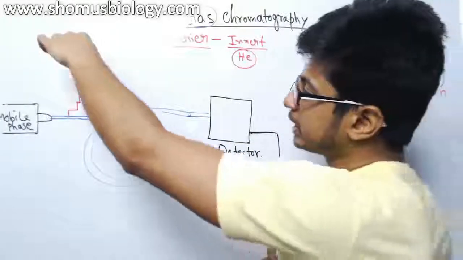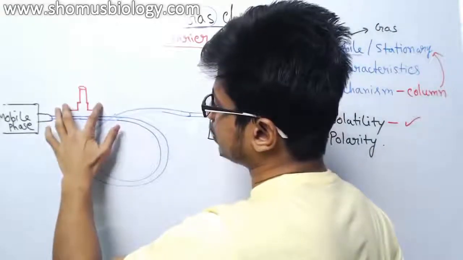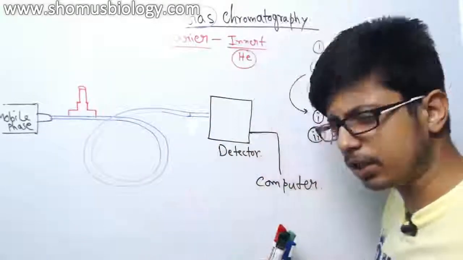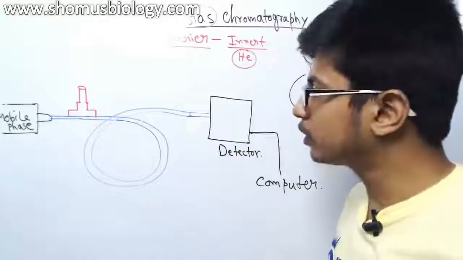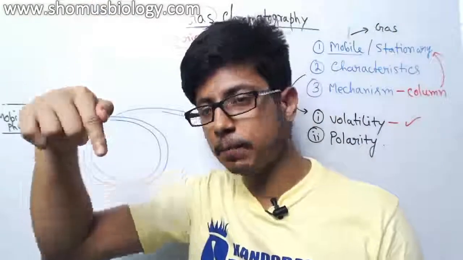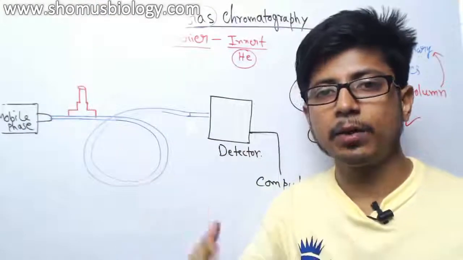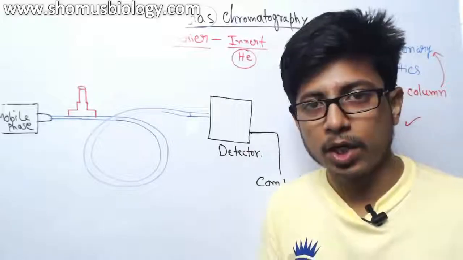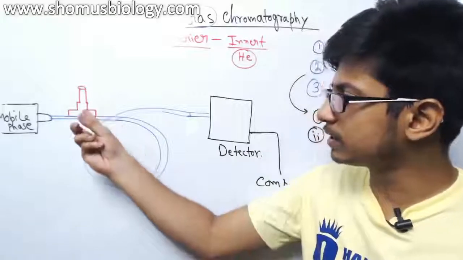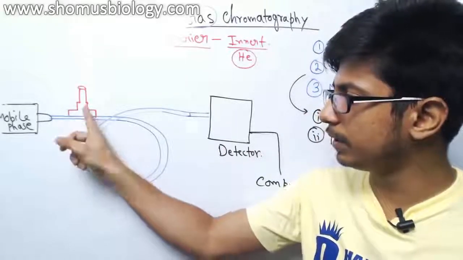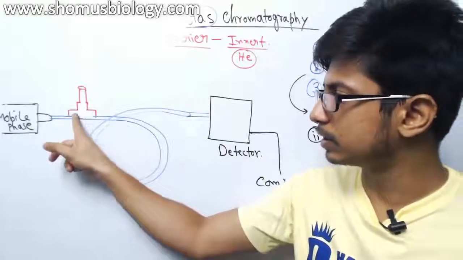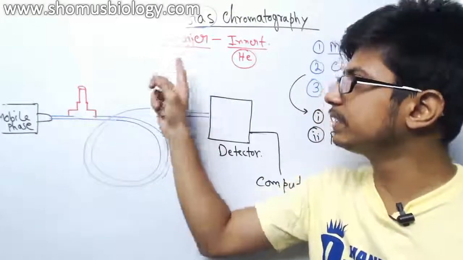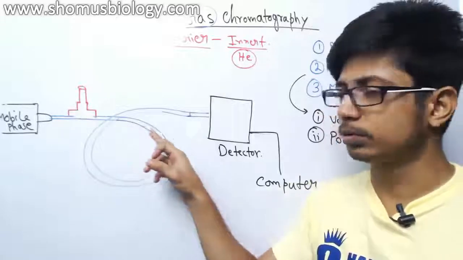This is the knob or switch which is heated to huge temperatures, so whenever we inject the sample it gets heated and starts to produce a vapor of that compound. Once the vapors are produced, they mix with this tube, and the inert gas carries that vapor through.